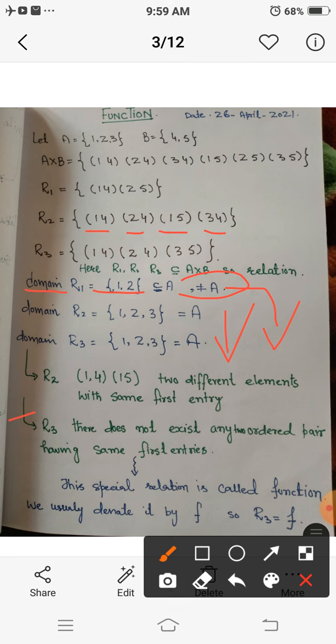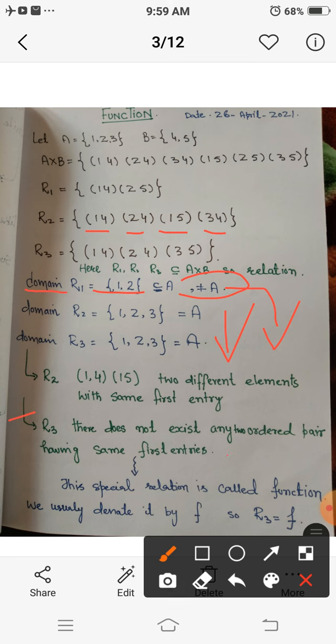The domain of R2 is A, while the domain of R3 is also A. The difference is that in R3 there do not exist any two ordered pairs having the same first entry. This difference changes the structure of this relation, and we usually call R3 a special relation, a function.